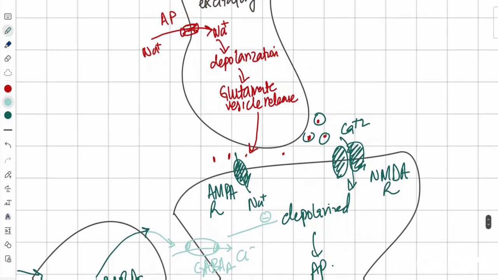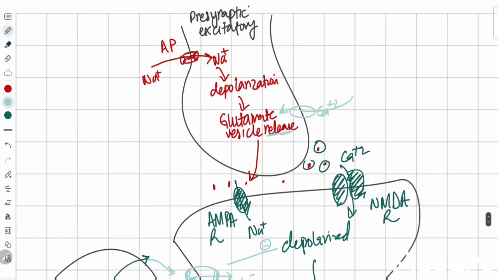The first is the voltage-gated calcium channel right here, because when it causes the influx of calcium, that is when the vesicle release occurs. But there is another thing. The vesicle which has glutamate in it has another little receptor attached to it, called the SV2A receptor.